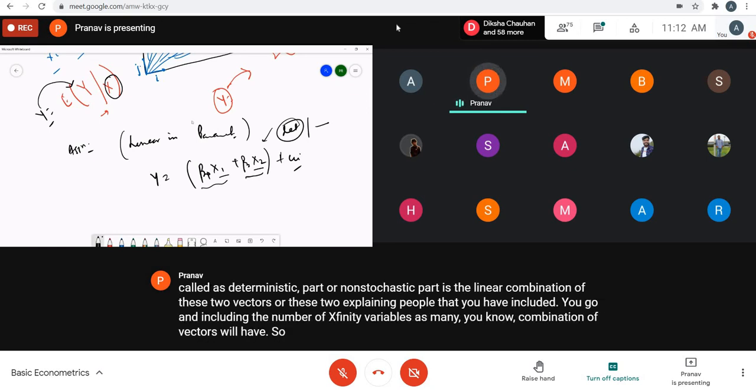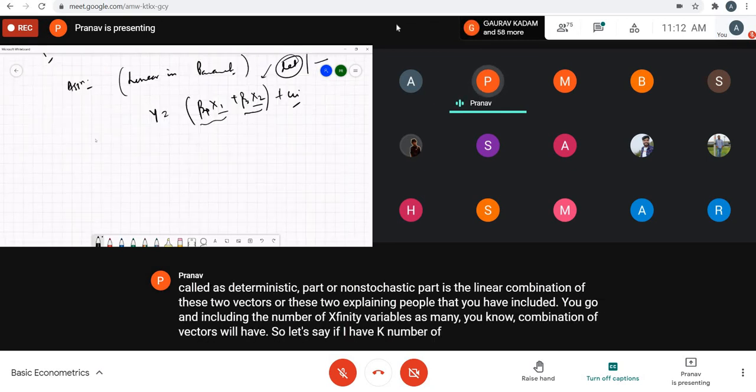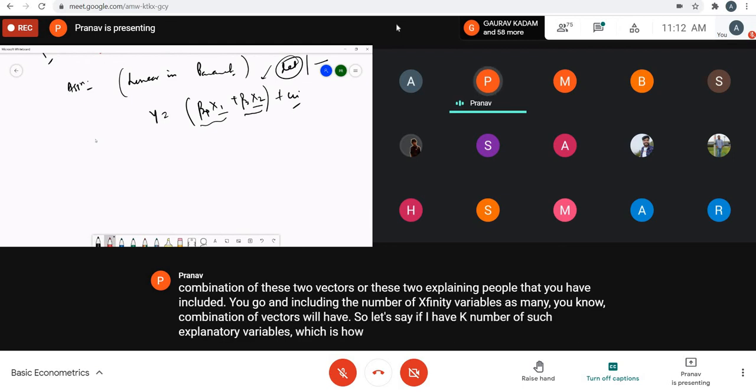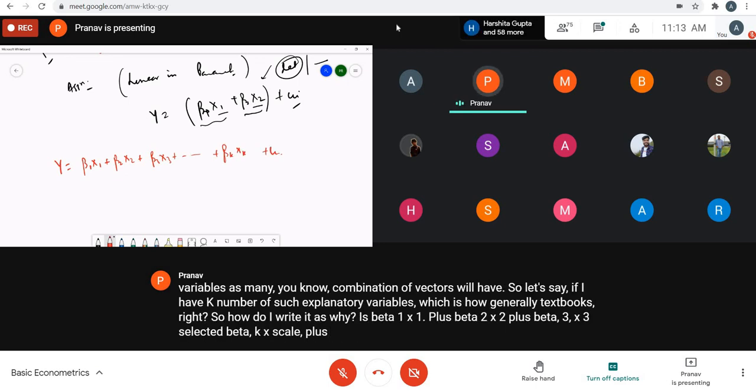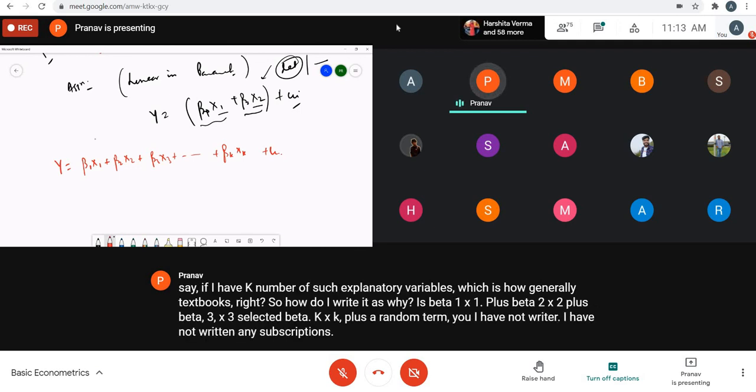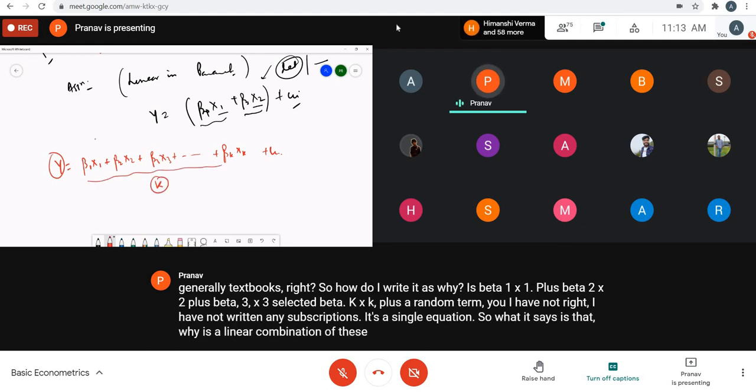So let's say I have k such explanatory variables, which is how generally textbooks write. So how do I write it? y is beta 1 x1 plus beta 2 x2 plus beta 3 x3 up to beta k xk plus a random term u. I have not written any subscript, it's just a single equation. So what it says is that y is a linear combination of these k explanatory variables.